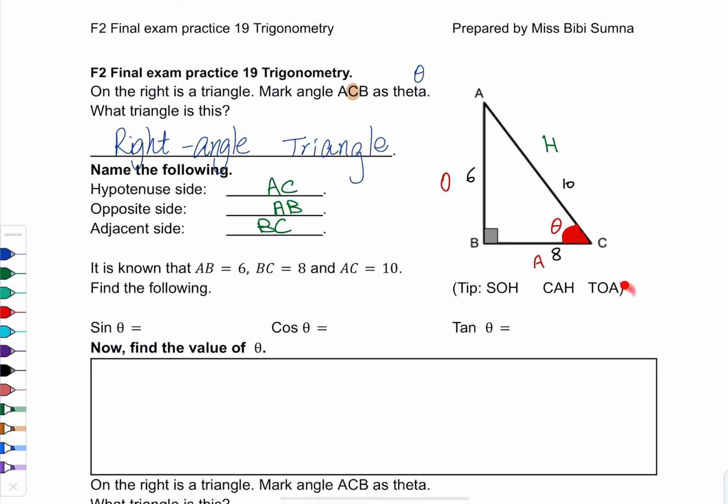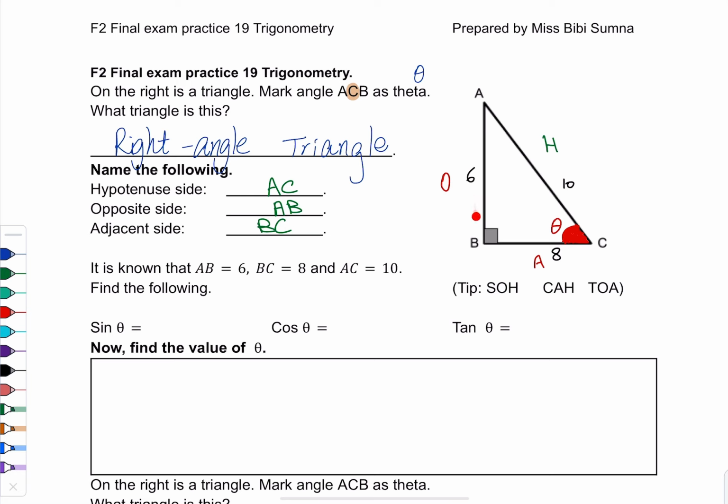To find that, remember SOHCAHTOA. Remember to write it on your own. So for sin we need O and H. We have O first, so O will be on the first part and then H on the second part. What is our O?